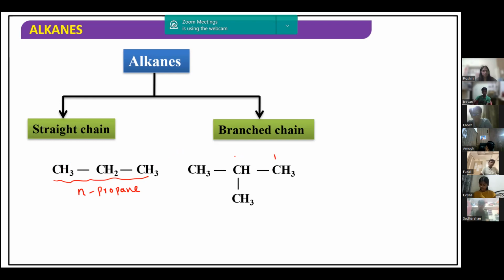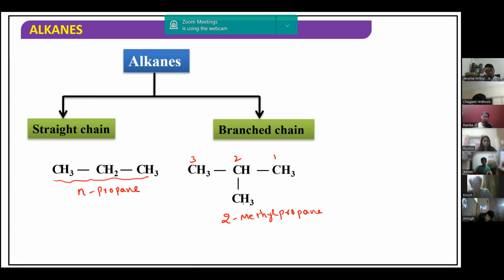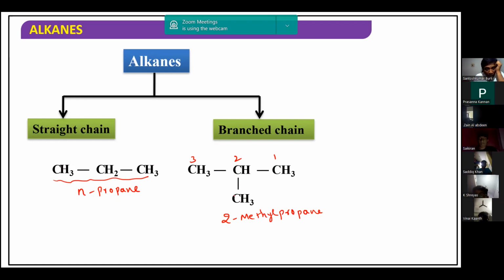What about the branched one? The longest chain has 3 carbon atoms, so we call it 2-methylpropane. This is its IUPAC nomenclature. This is a branched chain alkane. So alkanes can be straight chain or branched chain.